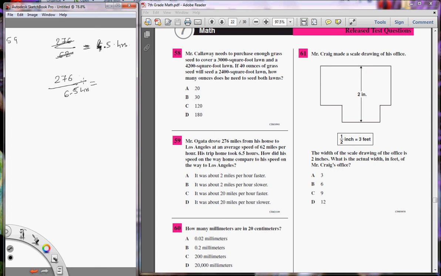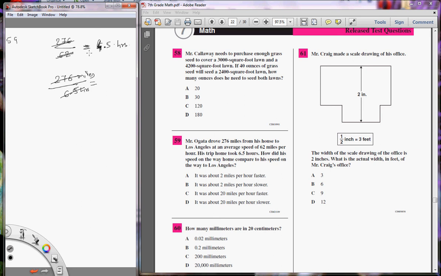So this is miles. Okay, let me think about this one. He drove 276 miles from his house at a speed of 62 miles per hour.